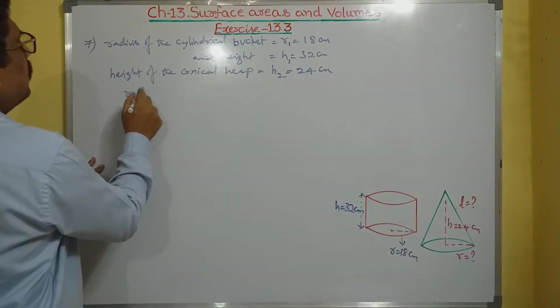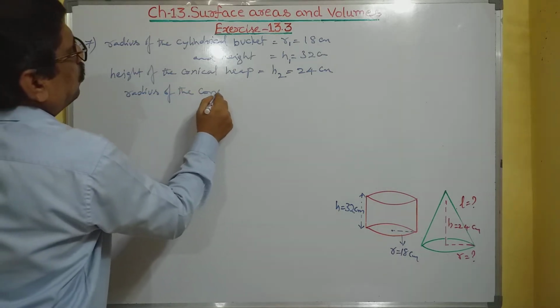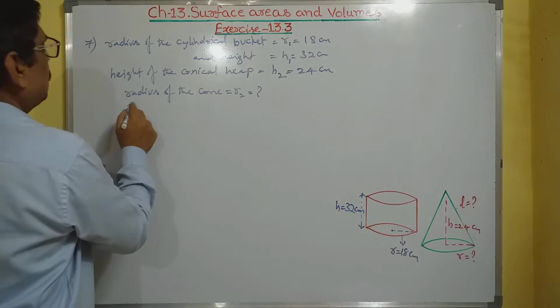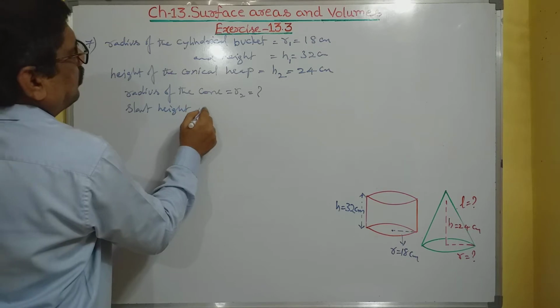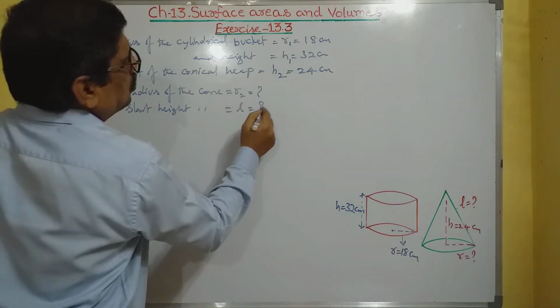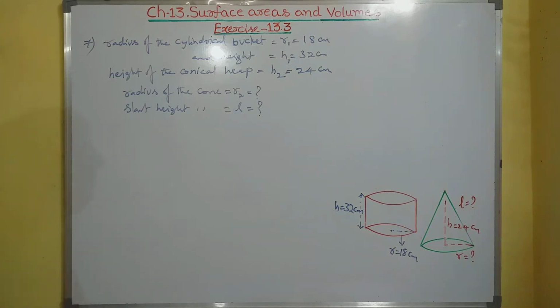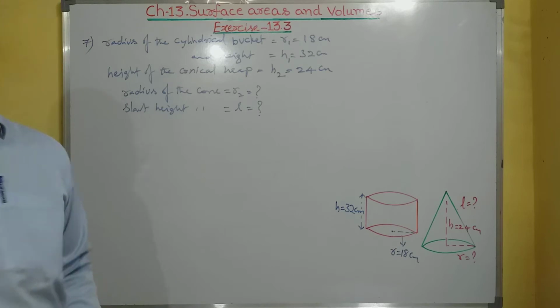Now radius of the cone R2 is equal to question mark, and slant height of the cone L is also question. We need to find these two, radius and slant height of the conical heap of the sand. Okay, let us find.